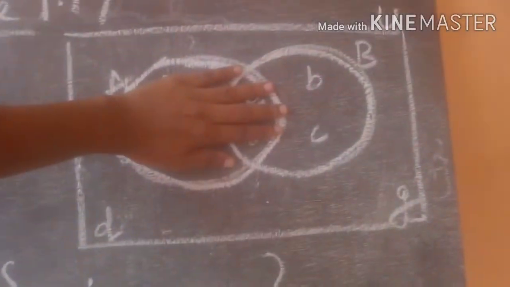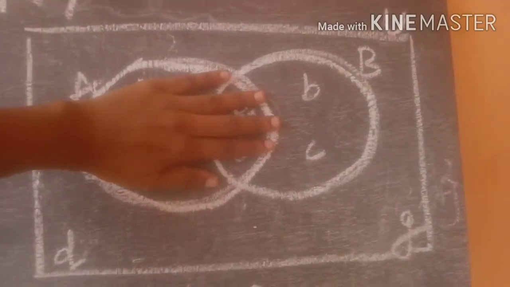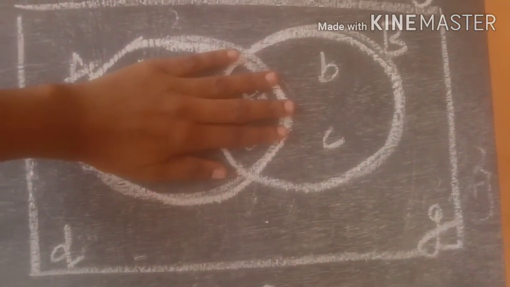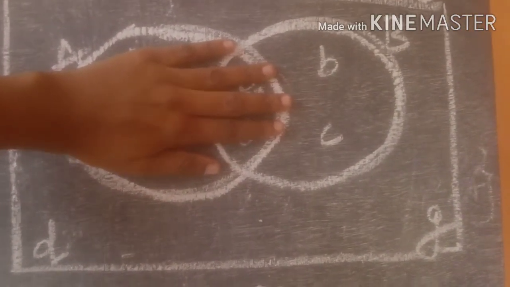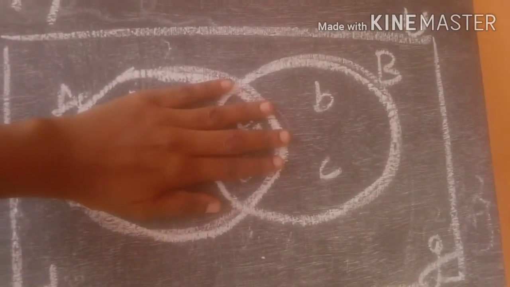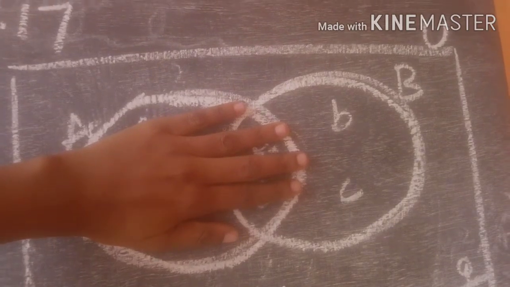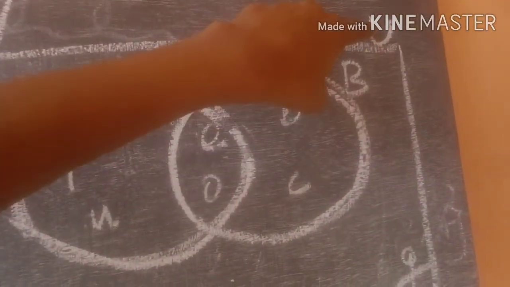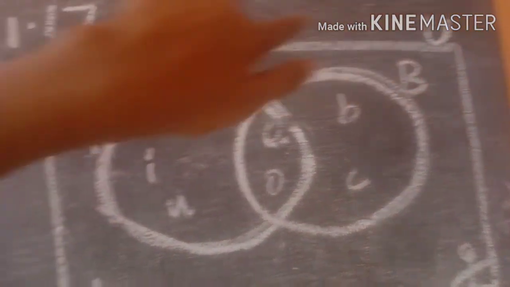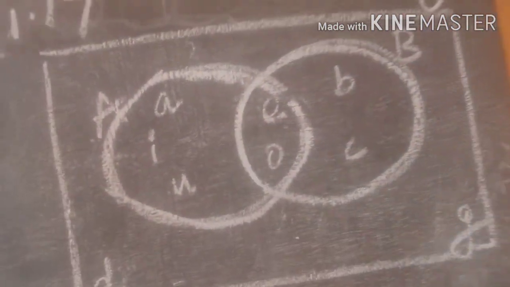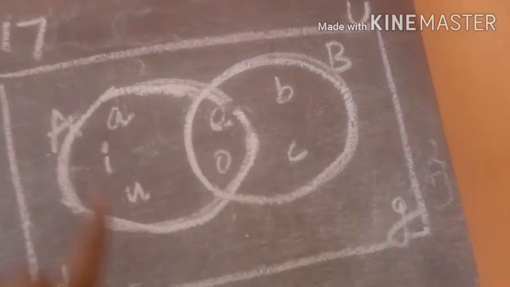What is the remaining answer? Elements of the set B, C, D, G. All of them. Why, miss? Because the question says subtract from the universal set. Universal set means the whole entire diagram. The entire diagram represents the universal set.